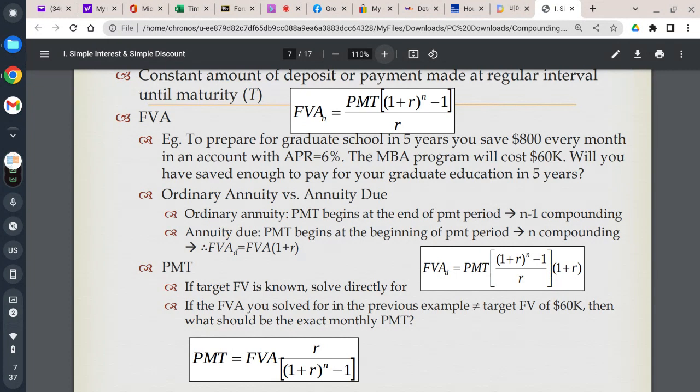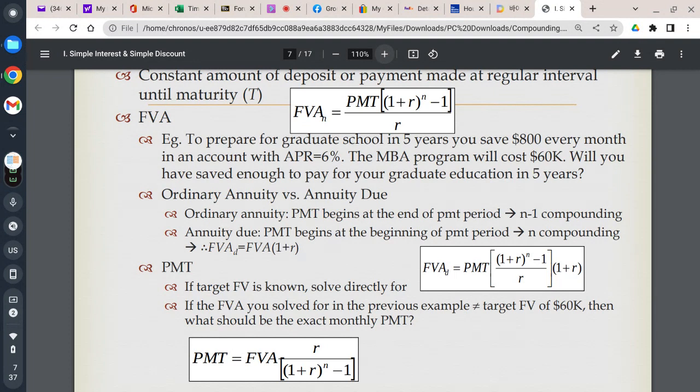I mean, $800 for 5 years alone is not going to take you to 60K, because 800 times 60 months will only take you to 48K, so it's still lacking 12K. But that's just the principal alone. With interest, you may be able to get there, if the interest rate is good. We'll see.